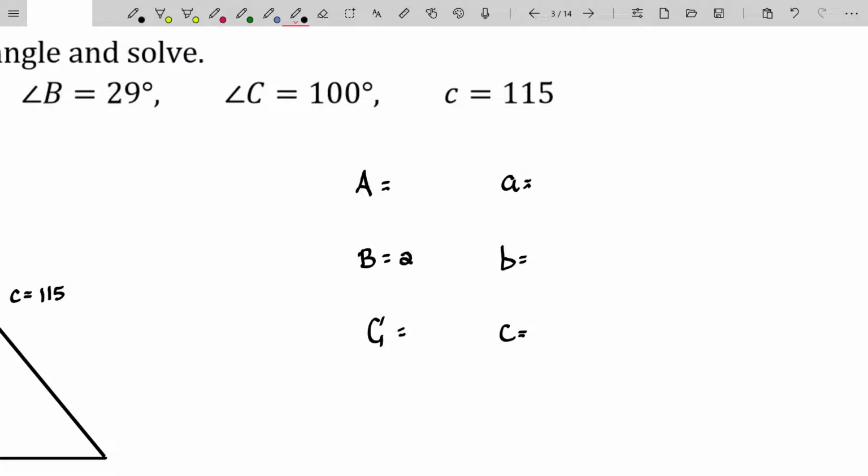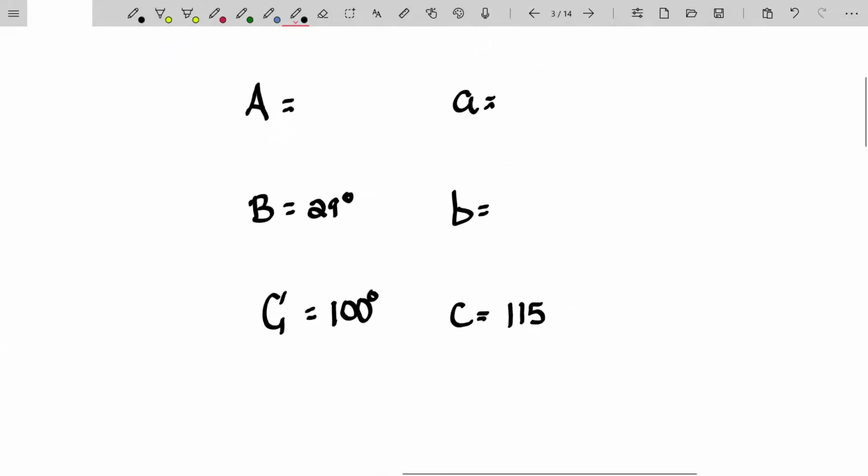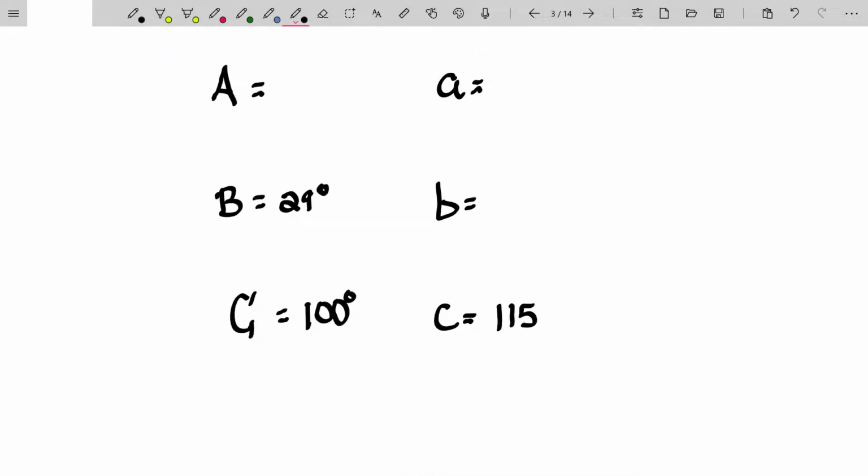So angle B they gave me was 29 degrees. Angle C they gave me as 100 degrees. And side C they gave me as 115. At this point, a student who has gone through trigonometry would know that given this table for a non-right triangle, they would use law of sines.